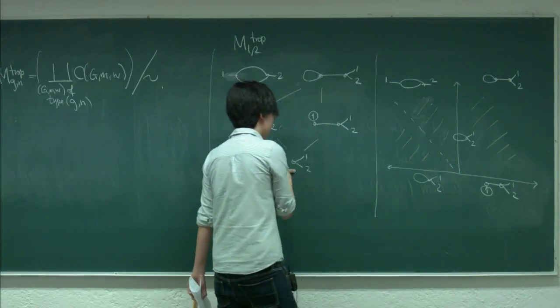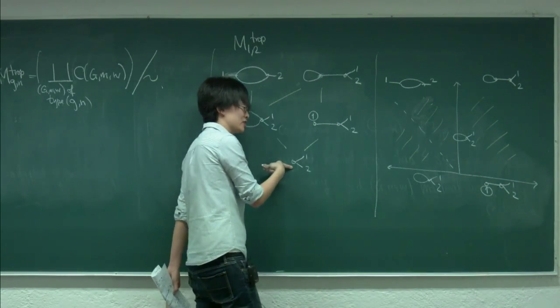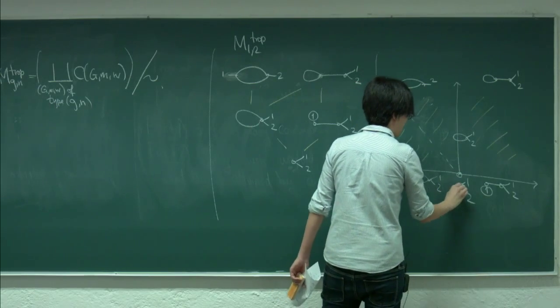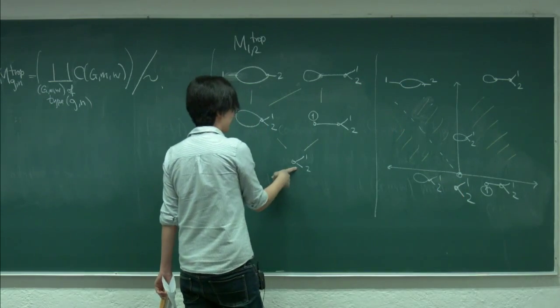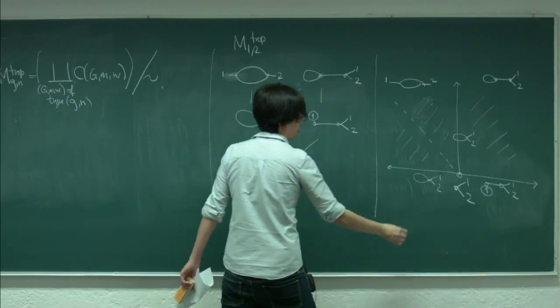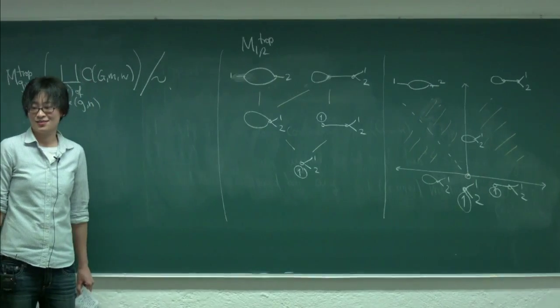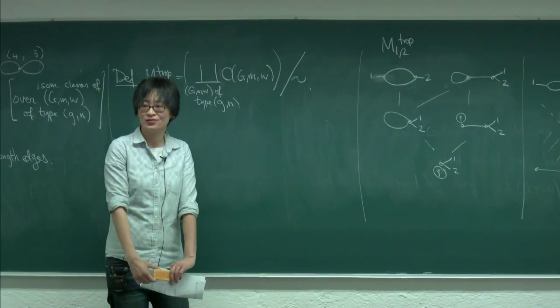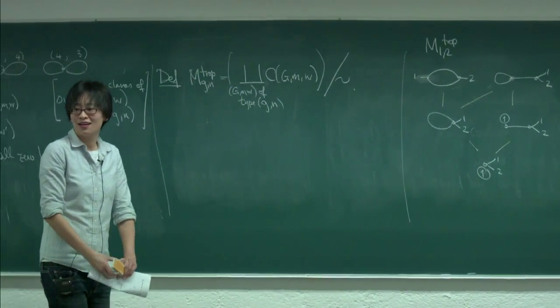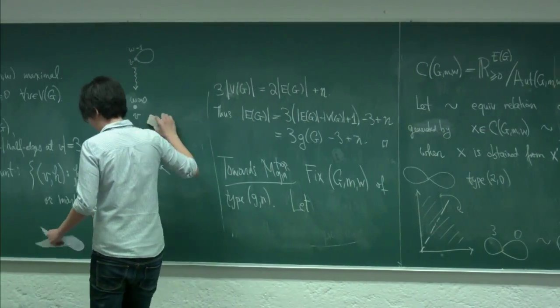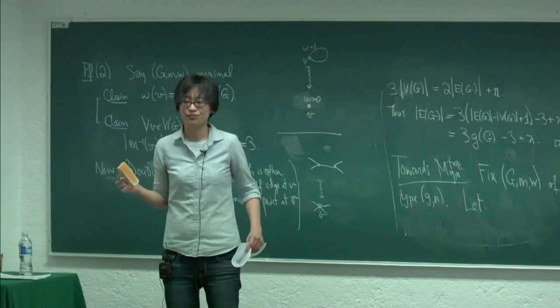And finally, I have a vertex, right? There's a zero-dimensional moduli associated to that combinatorial type. Sorry, this should be a weight 1. I'm sorry about that. Okay, so that is my attempt to draw a tropical M12. Is it okay? All right. Are there any questions?